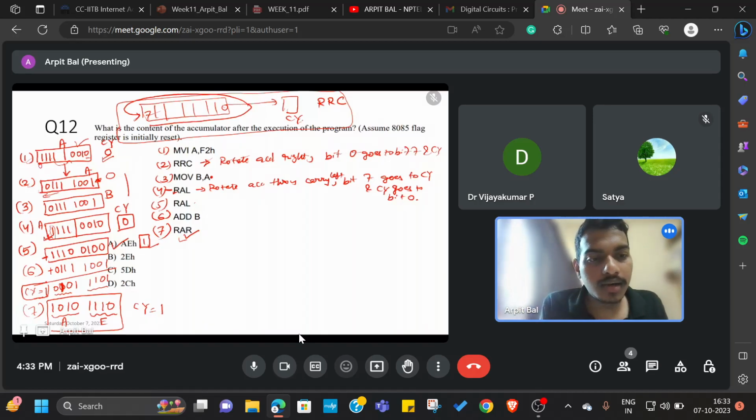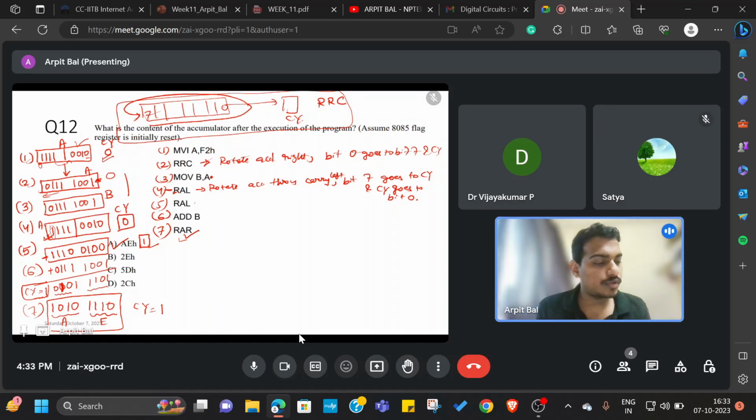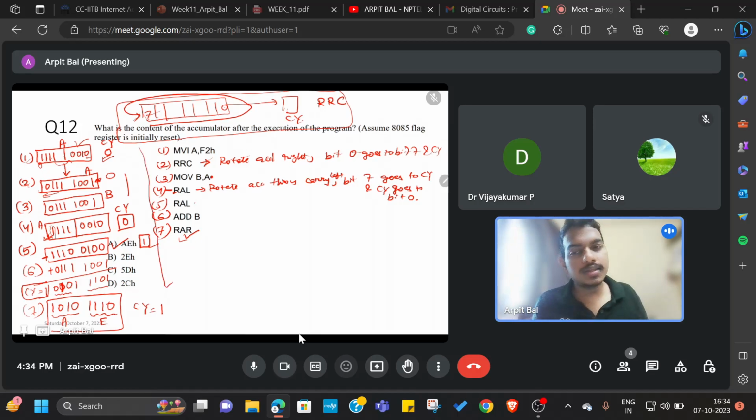If it is L, it means rotate left. If it is R, it means rotate right. These operations include the carry flag as well, so you need to be careful while performing them. Using this series of steps, we figured out the content of the accumulator as well as the carry flag, and the final answer that we obtained is AEH.